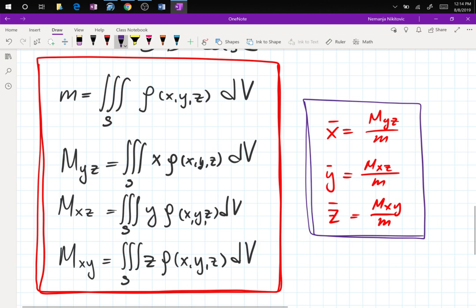So let's go to homework and solve one of the problems they have to figure out center of mass. Please, some common sense, please. The center of mass should be within the object.